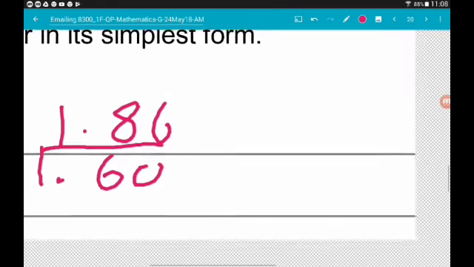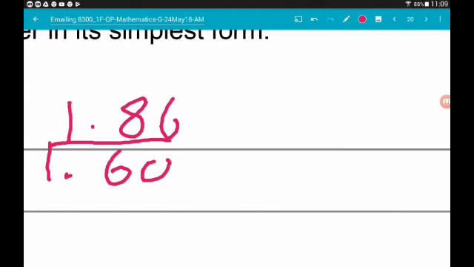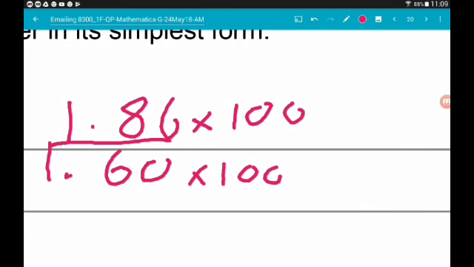So the first thing I'm going to do now is turn the top and bottom into whole numbers. Now, I can do that by multiplying top and bottom by 100.